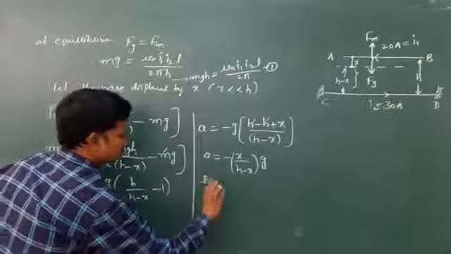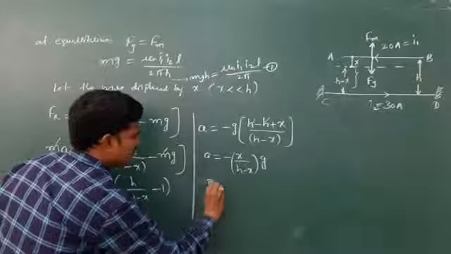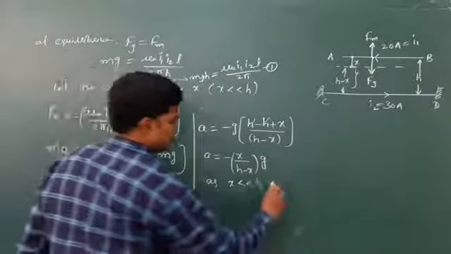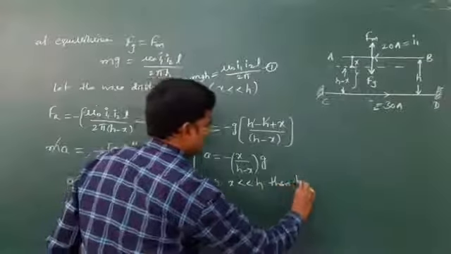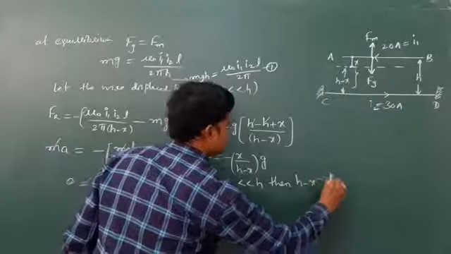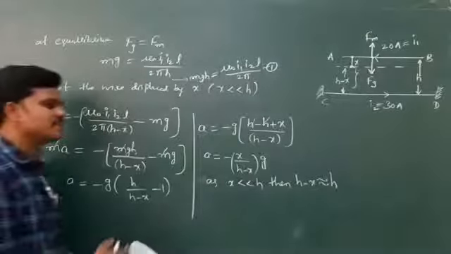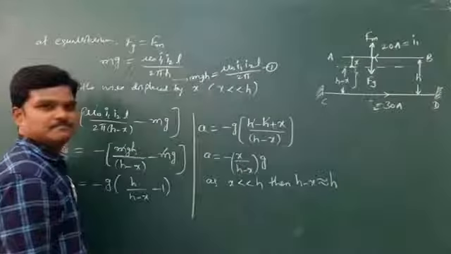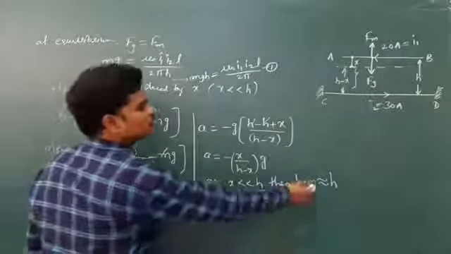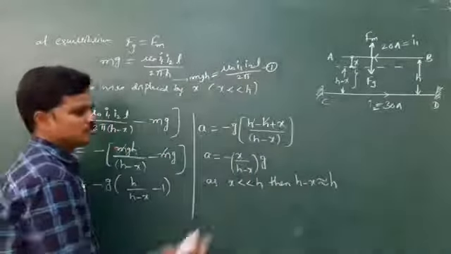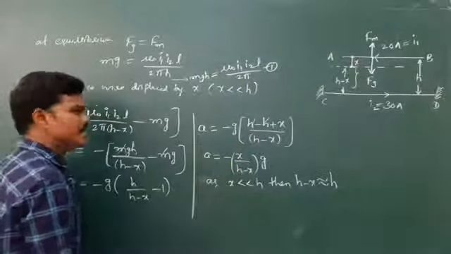But as x is much less than h, we can write h minus x as approximately equal to h. From 1 minus 0.001, it is almost 0.99, nothing but 1. So h minus x is replaced by h.